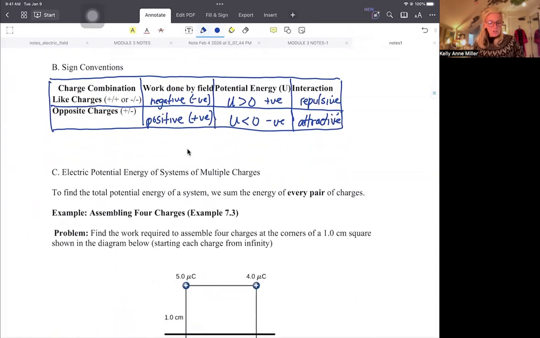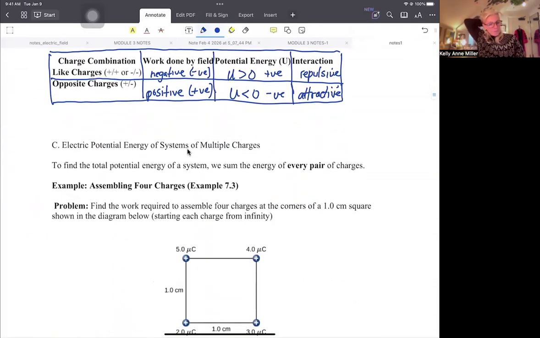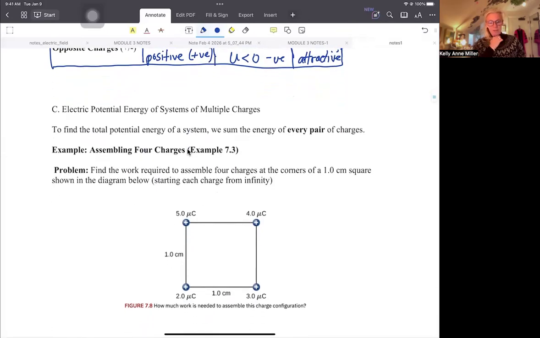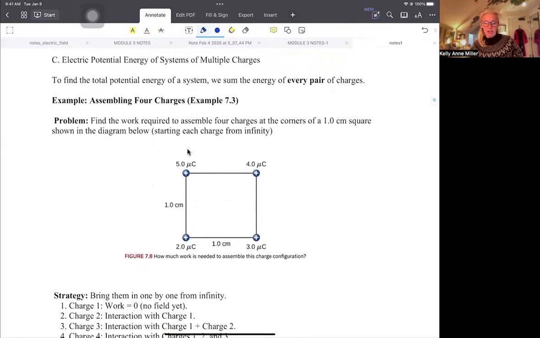Here's an example that I think will help you with at least one of the problems on the challenge. Let's say we want to know what work would be required to assemble four charges in the following configuration, what you see here.